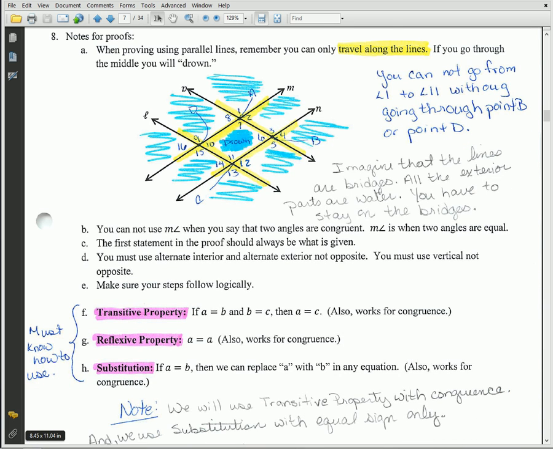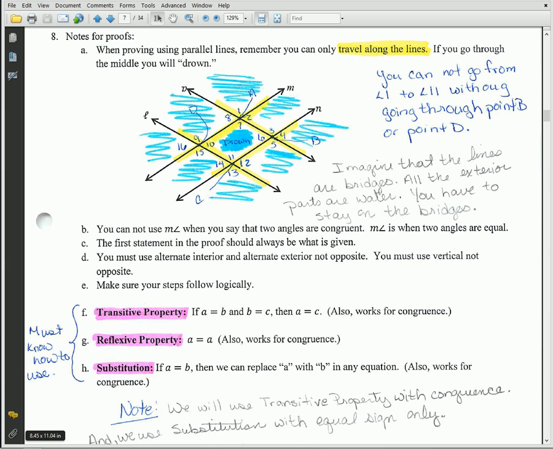Notes for proofs. Like I said, we're going to do proofs in the next video, but I'm going to still go over these notes right now. Imagine that I have two pairs of parallel lines. So M and N are parallel and P and L are parallel. Imagine that they're lines over a river.